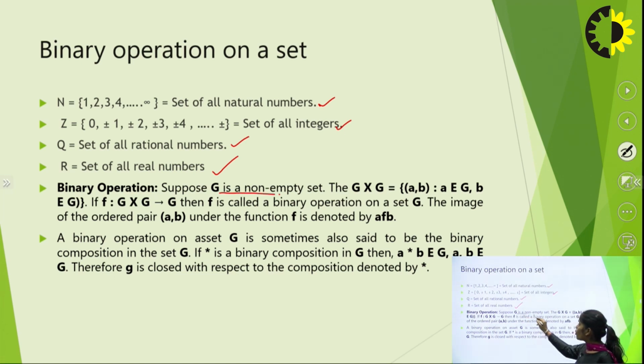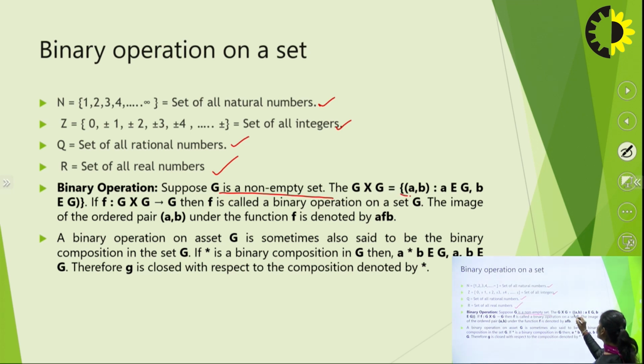Suppose G is a non-empty set. Non-empty set means G consists of at least one element. Then we calculate G cross G, the Cartesian product of G with itself.